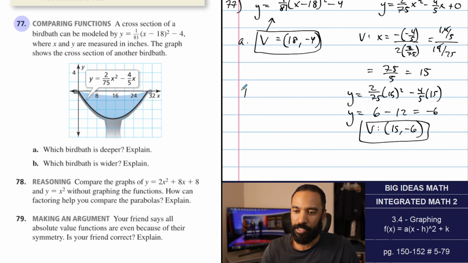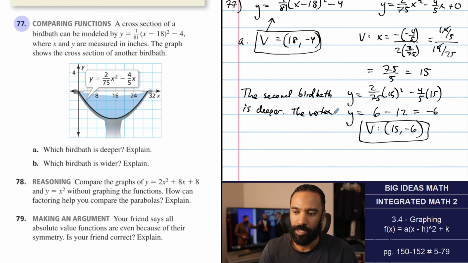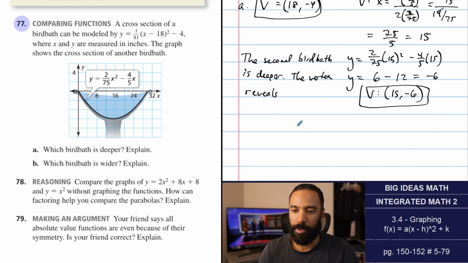The second birdbath is deeper. The vertex reveals a 2-inch lower minimum.